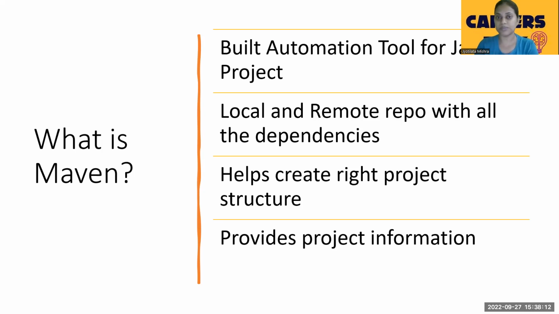Whenever you add a dependency in your project and run a specific command in Maven, Maven first looks for that dependency on your system. There's a folder which gets created when you download Maven, .m2, which contains all the third-party libraries you have downloaded from the remote repository.